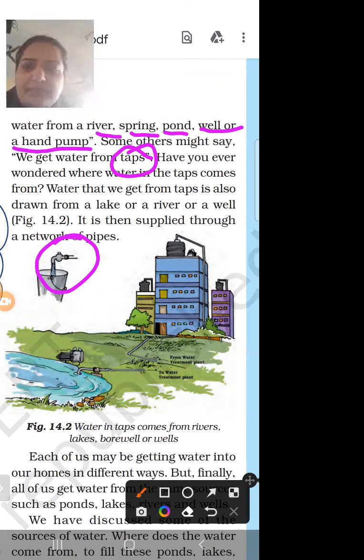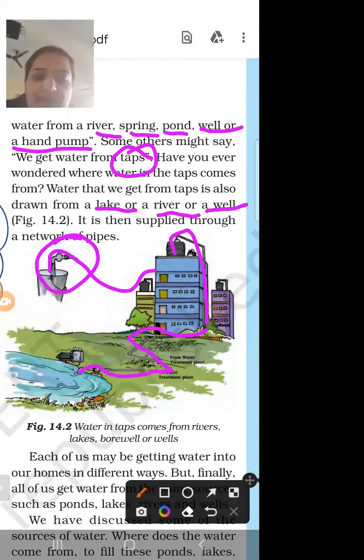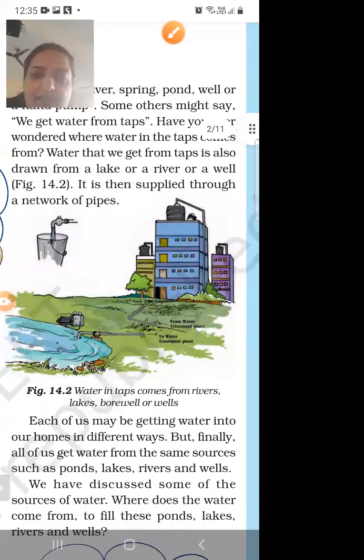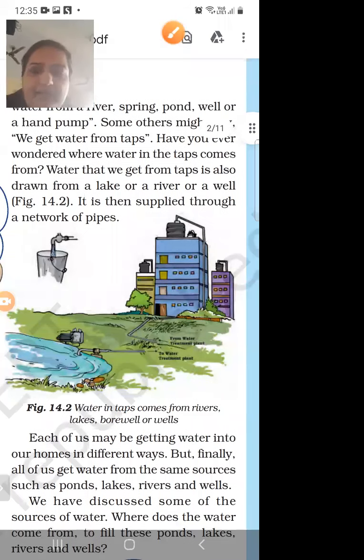It comes from a lake or river or a well. And how does it come to our house? Through a network of pipes. हमारा जो रिवर से पाइप है, वो हमारे हाउस में कनेक्ट करके, फिर टैंक में कनेक्ट करके, after this it is then connected to the tap. So in this way water comes in our taps.